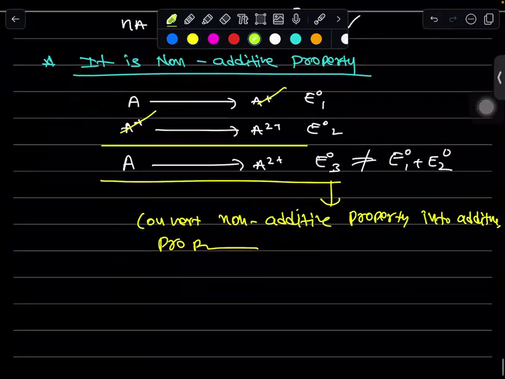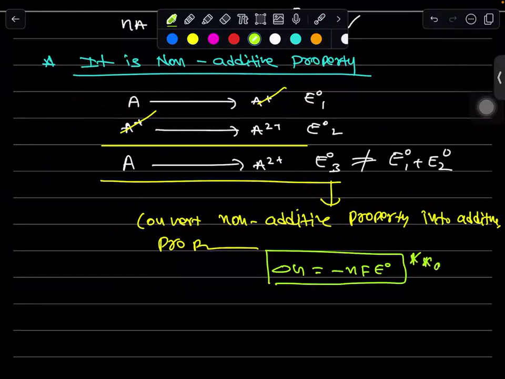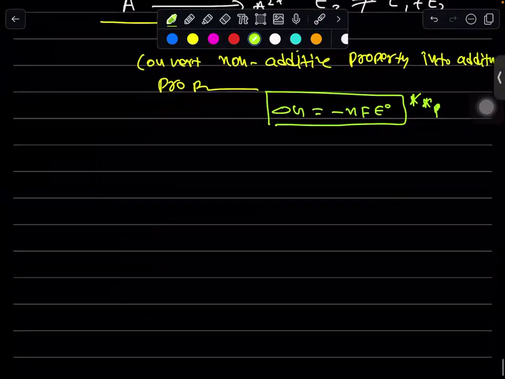How to convert non-additive property into additive property? We have the relation del G is equal to minus nF E naught. With the help of this, you will be able to convert. So by using this, we will be able to manage. Let's see the same question once again.